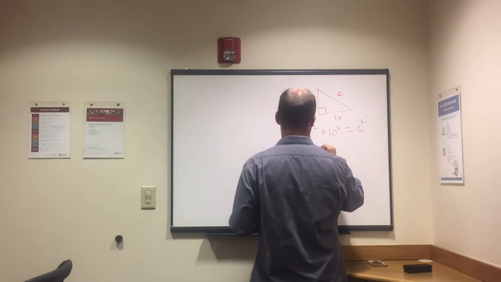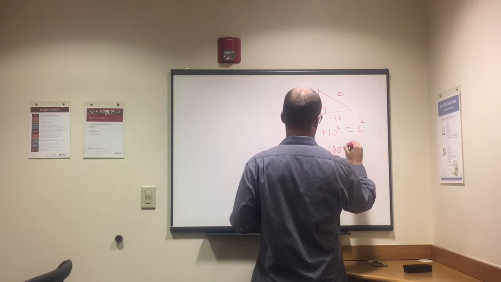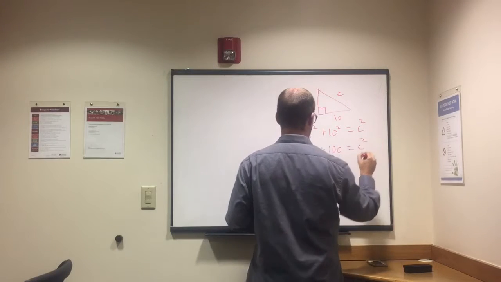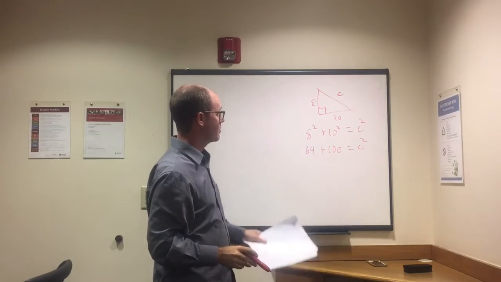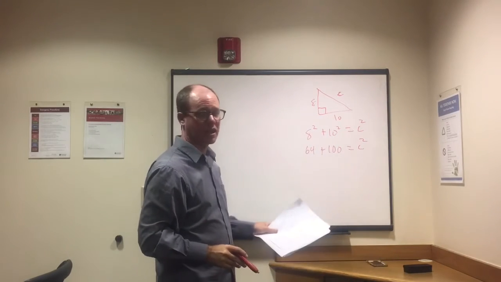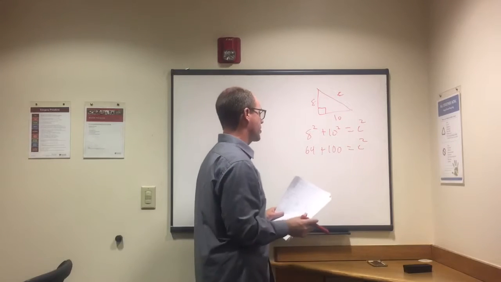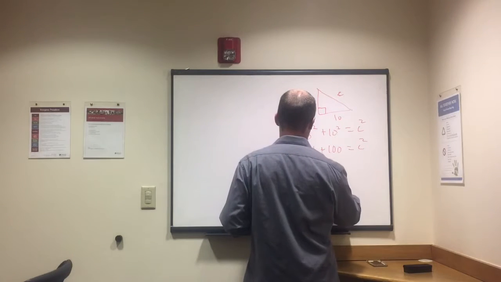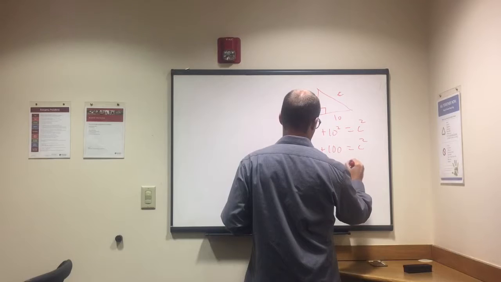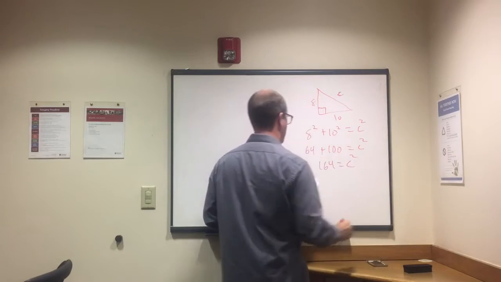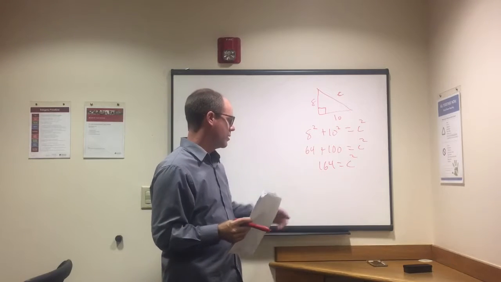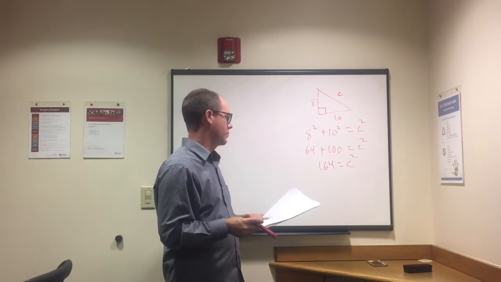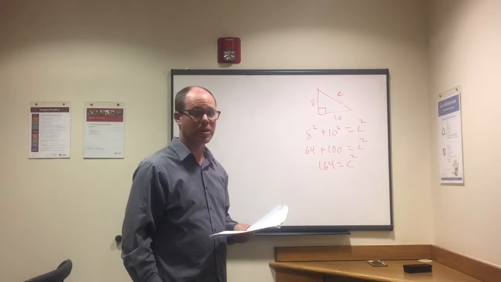And we solve 64 plus 100 equals c squared, right? 8 squared is 64, 10 squared, 100. We don't know what c squared is yet. 100 plus 64, 164 equals c squared.